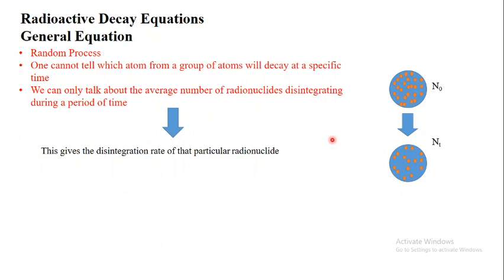This is the total number of radionuclides present, and after some time the total number is reduced to half of its initial quantity.